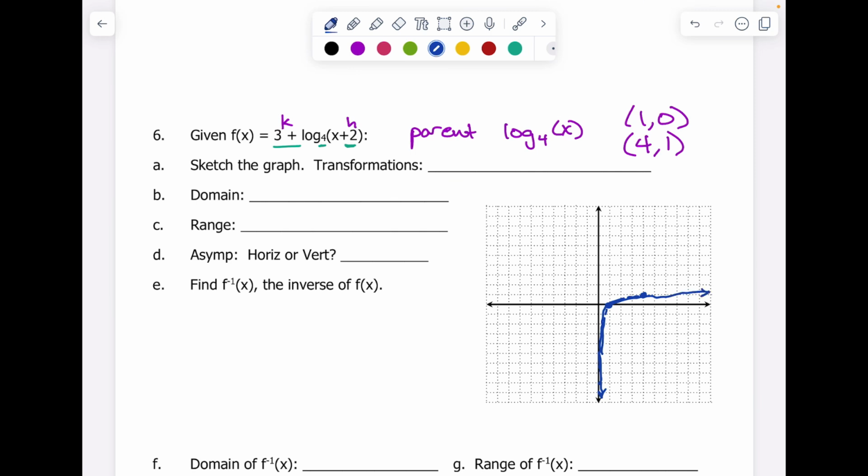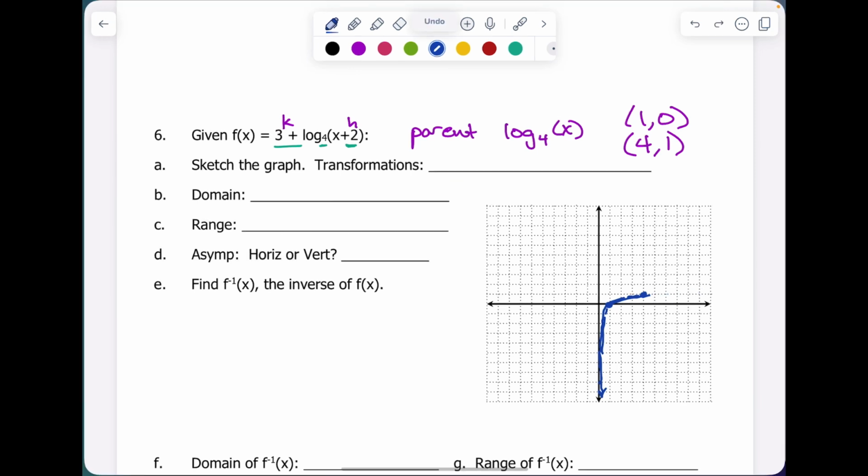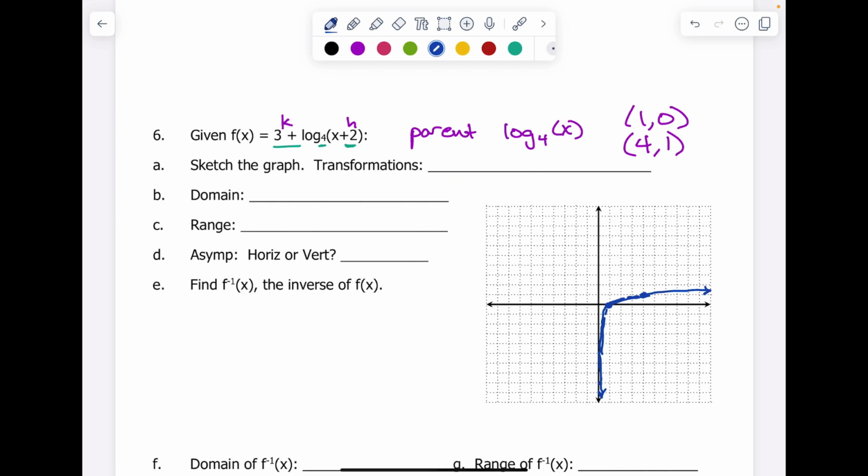All right, so now we need to actually transform that. And to transform that, we would look at that h and that k value, and it will be moved left 2 and up 3. Left 2, up 3.